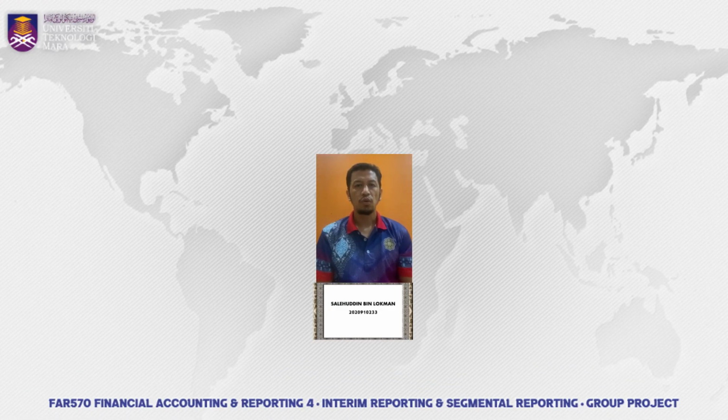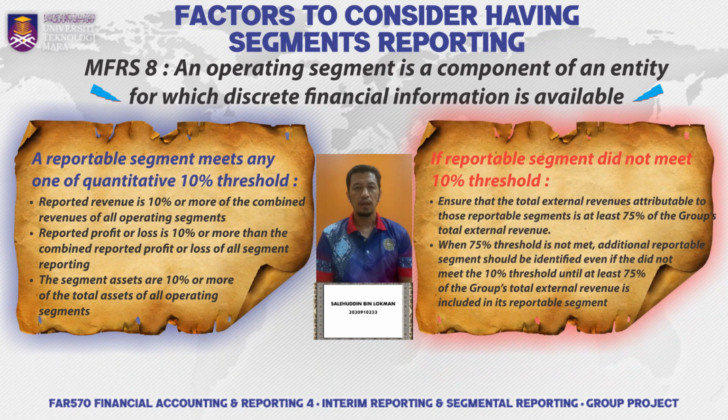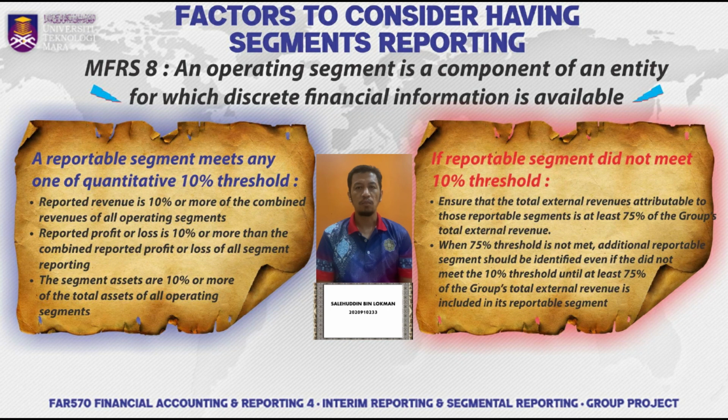Next, factors to consider in having segment reporting under MFRS 8: an operating segment is a component of an entity for which discrete financial information is available. A reportable segment meets any one of the quantitative 10% thresholds.